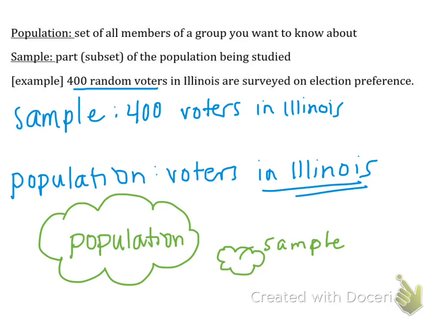So with those 400 random voters in Illinois, I couldn't take that data and predict what's going to happen in Connecticut because it's a different state. So that little picture down there just shows the population as a big cloud, and the sample is a little cloud that looks the same.